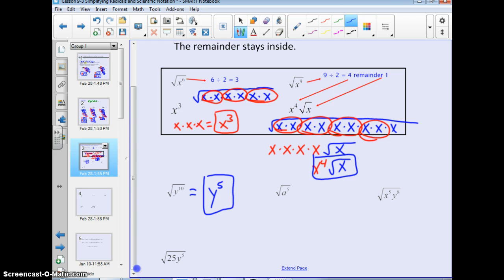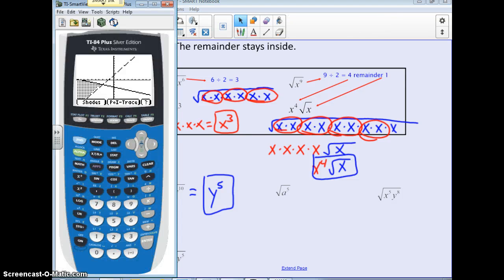For the next example, square root of a to the 5th, okay, we would divide that number by 2. And we know that 5 divided by 2 is not going to be a whole number, but it would be 2.5, okay?